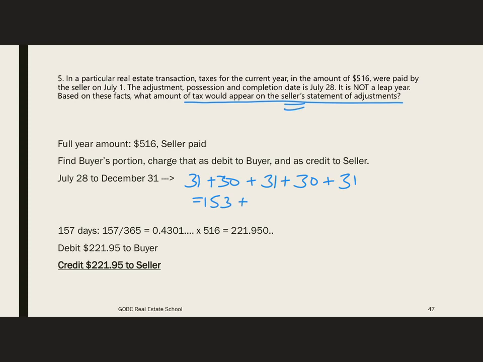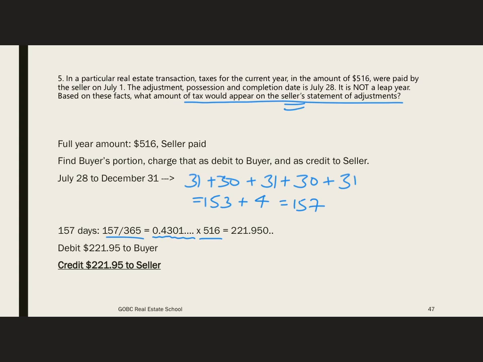And then we said from previous that it was another 4 days in July. So the 28th, 29th, 30th, and 31st. So 157 days total. 157 divided by 365 gets you the fraction of the year that the buyer is responsible for, and then you multiply it by that $516 and you get your $221.95.